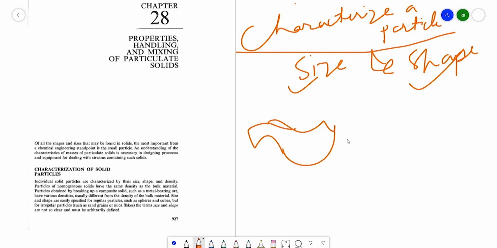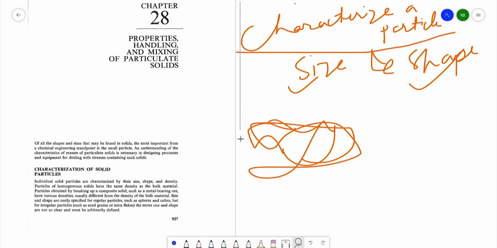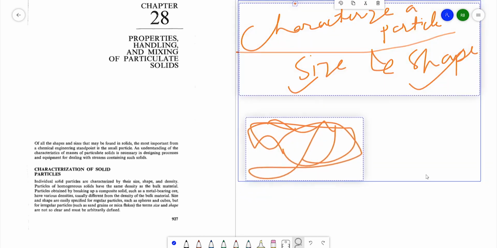So we should have some terms or constants to define the size and shape of irregular objects, or particles as well, right? So we'll learn about it.